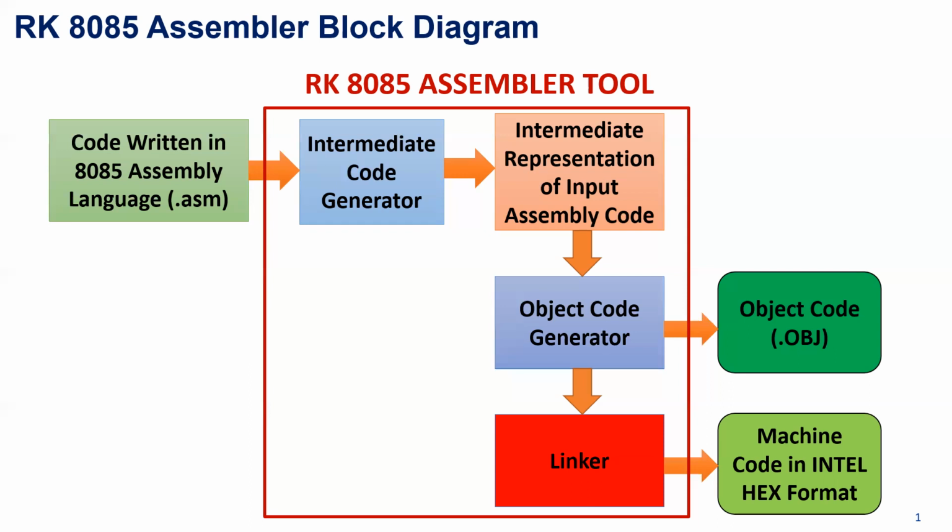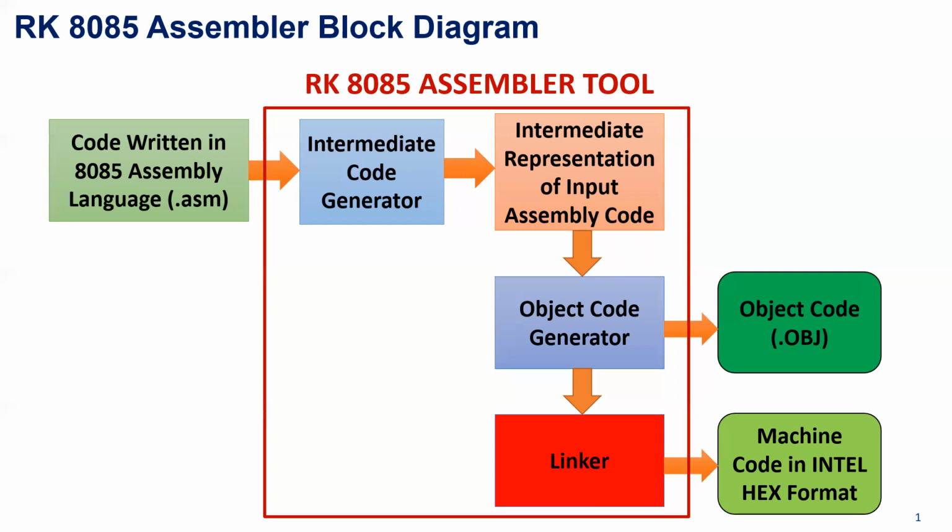Then, in the final step, the linker tool comes, and this linker tool converts this object code into Intel Hex format machine code, which I will try to illustrate in my demo. So this is the main block diagram of my developed tool. All of this has been implemented in Python, and all of it is integrated in only one script.